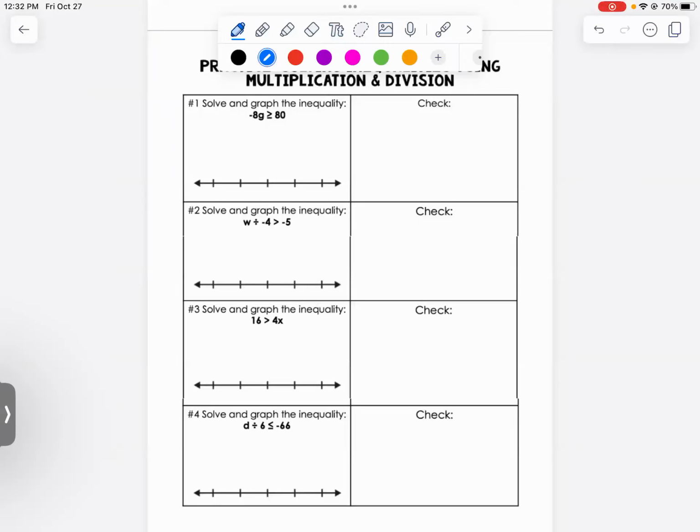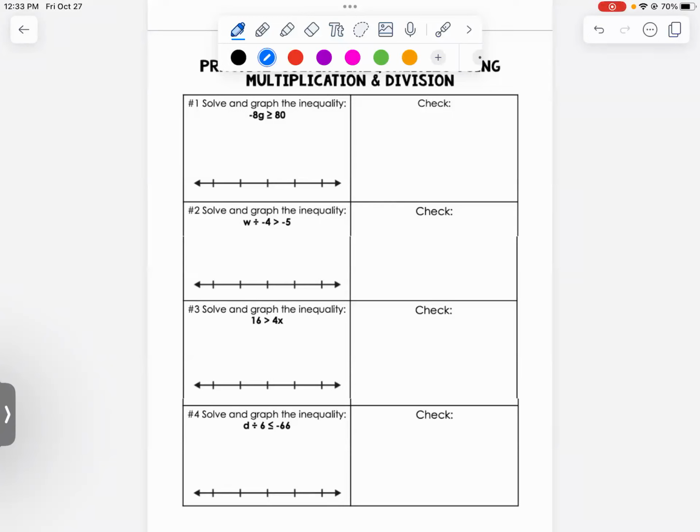So whatever they need to put... So are you dividing by a negative number? Okay, so if you divide by a negative number, all these steps.